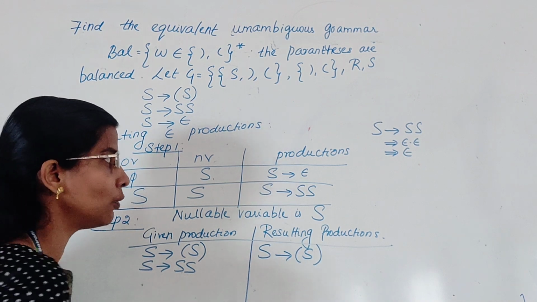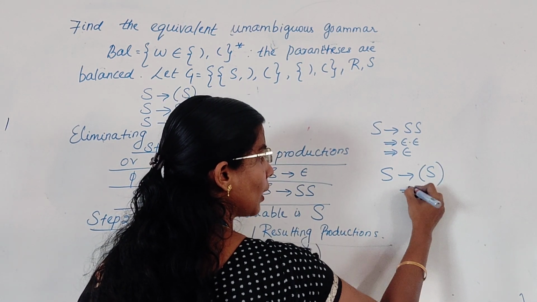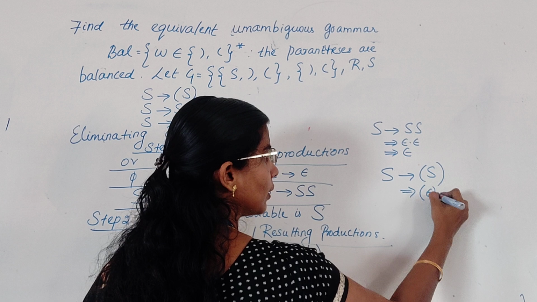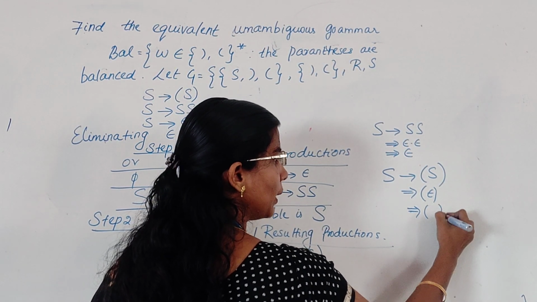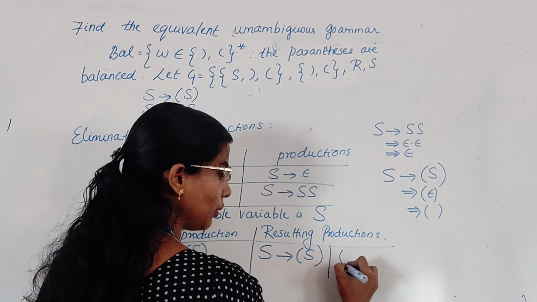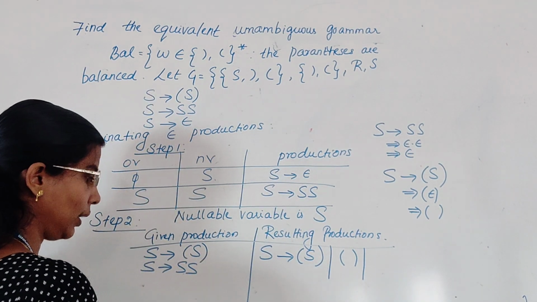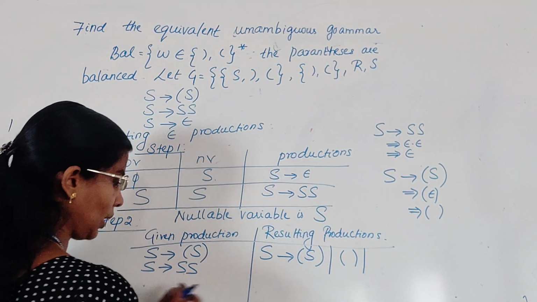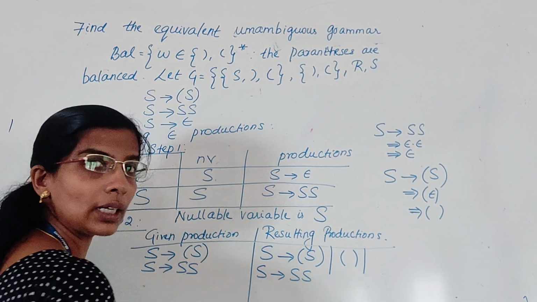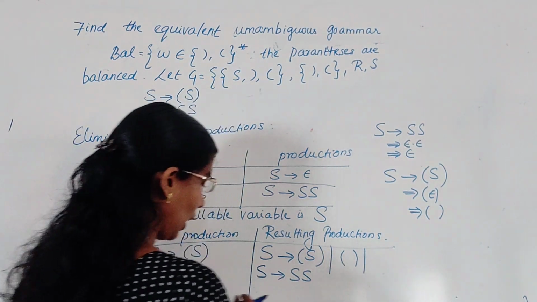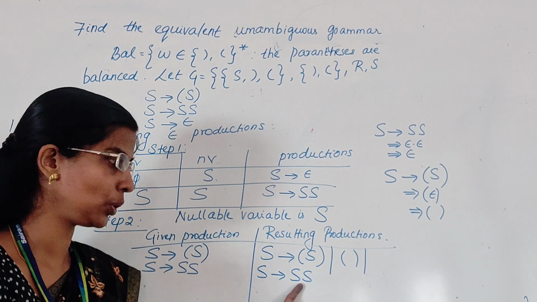When you substitute null for S in the first production, you will get only open bracket and close bracket, so write that. Next, write the second production as it is. S is a nullable variable, so you have to substitute epsilon.